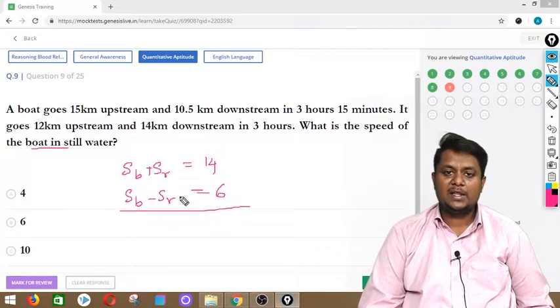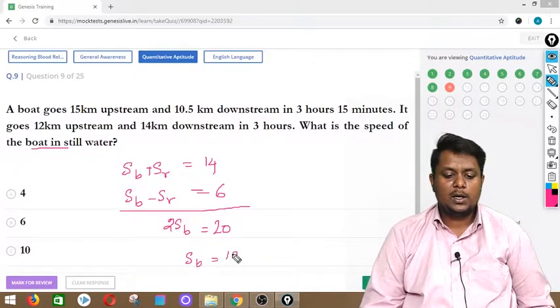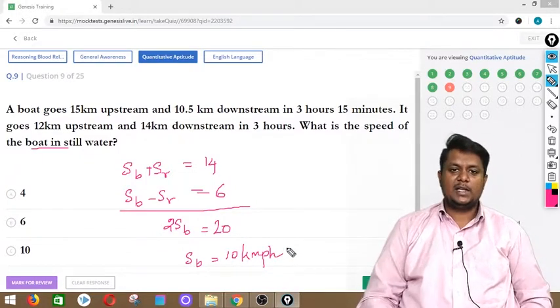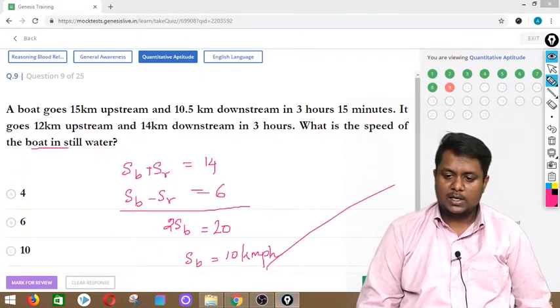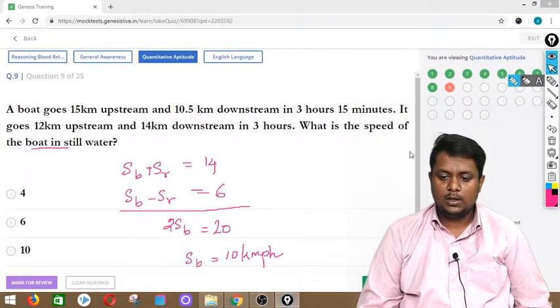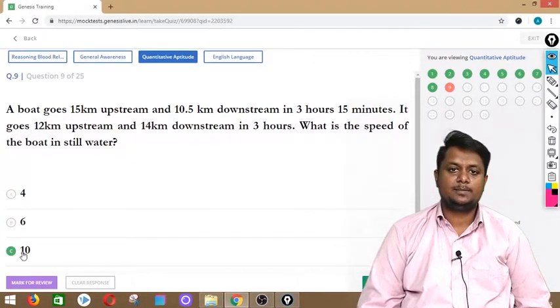We just add these two, we get twice of SB is equal to 20. So speed of the boat is 10 kilometers per hour. So that is the answer for this question. We will mark option C as the right answer, and we will move on to the next question. So option C is the right answer here.